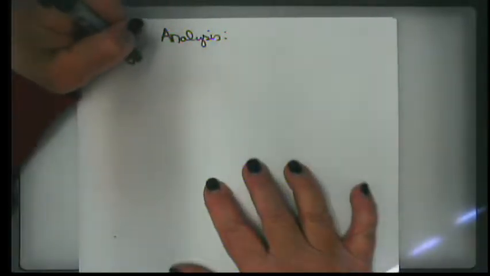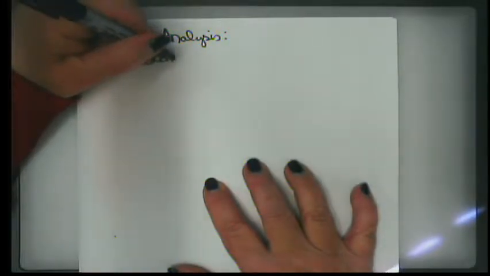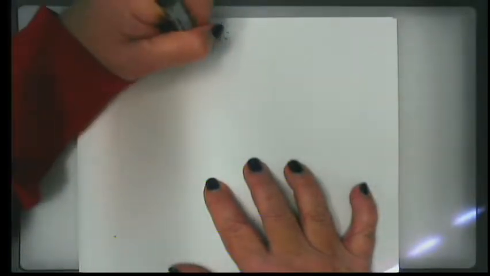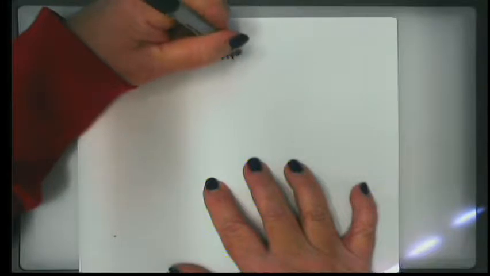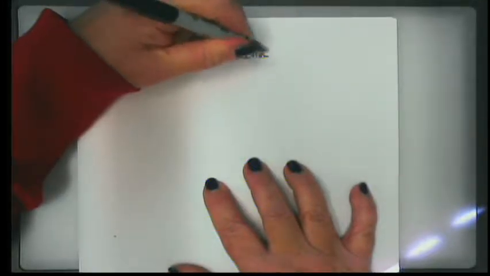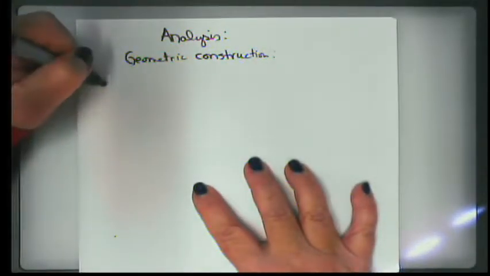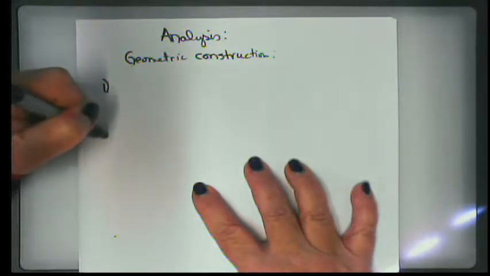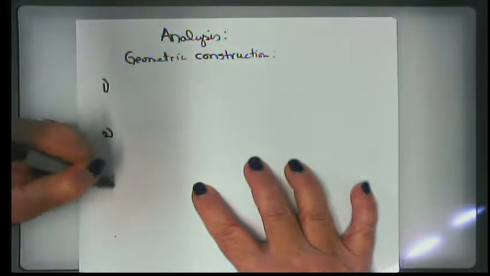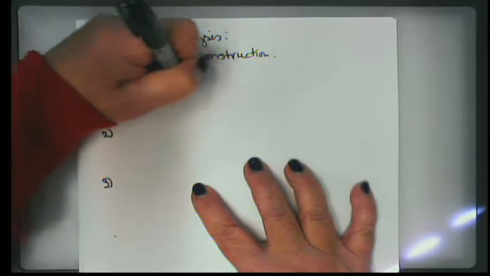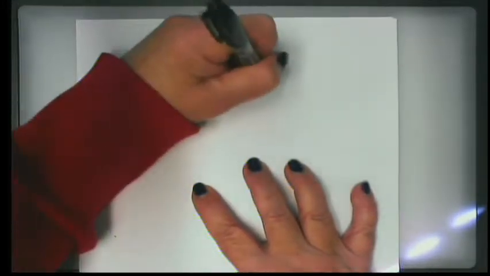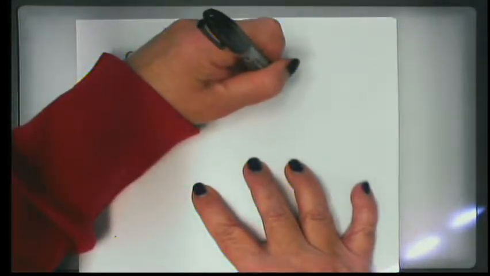So we do a geometric construction to hold this information for us. And the geometric construction looks like this. This is what your homework is always going to look like. You will draw the beam, and you will draw a free body diagram of that beam.